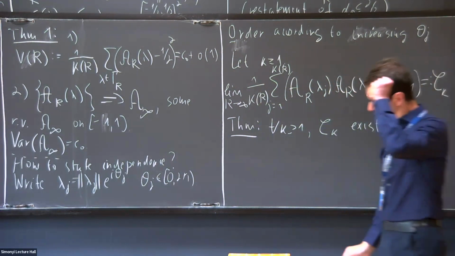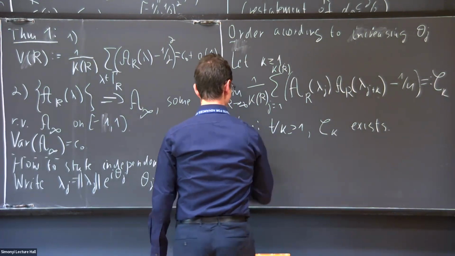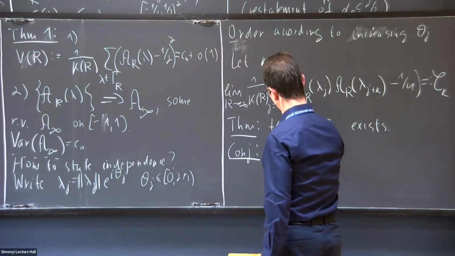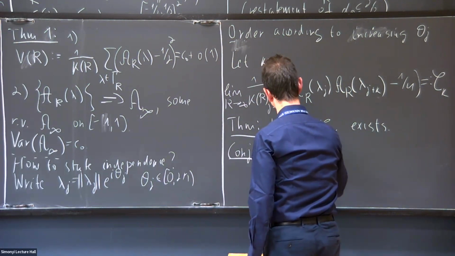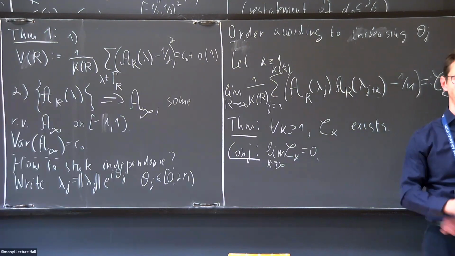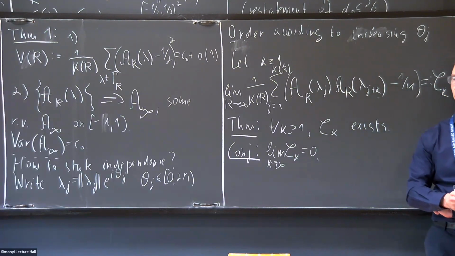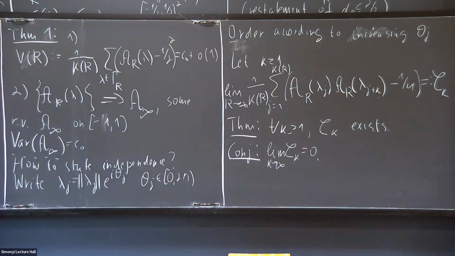And the conjecture is the following: that the limit as k goes to infinity of C_k vanishes. This is the formulation of the independence principle, which stands behind the folklore conjecture. Any questions about it?